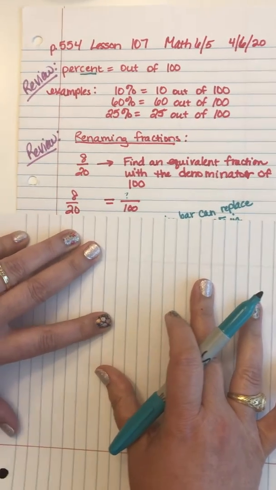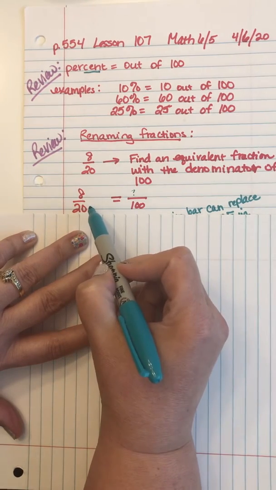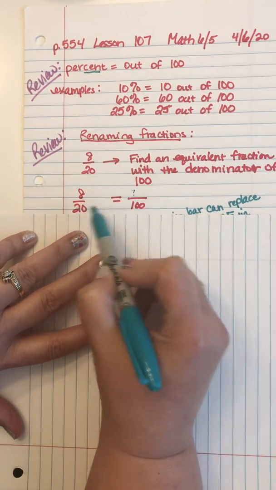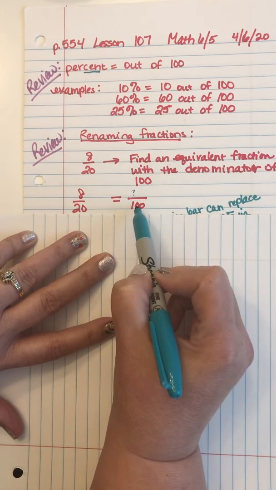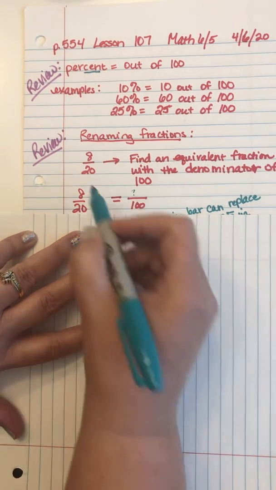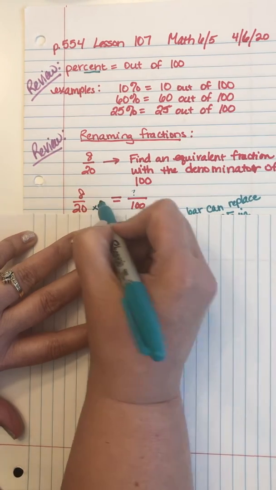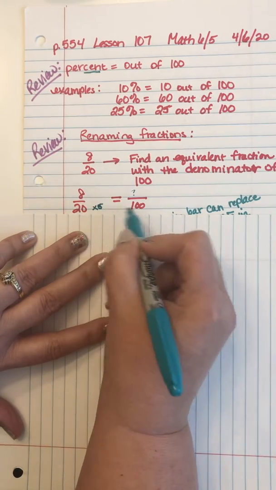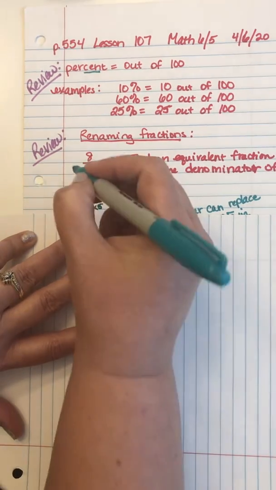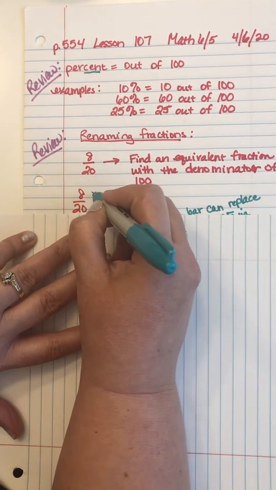And what we've done is multiply both the numerator and the denominator by the same number to get to 100. If we look at 20 and what we need to multiply it by to get to 100, that would be times 5. 20 times 5 would get us 100. And up top, we have to do the same thing to the numerator.